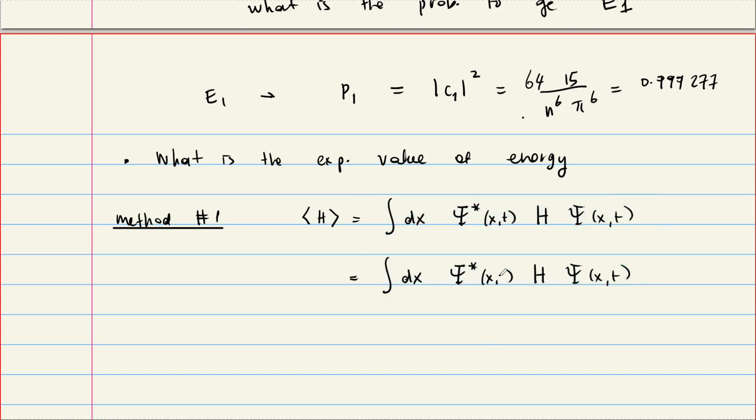So I can just put t = 0. And a second step, this function is given to us. It is like a x (a minus x), but H is also given: minus h bar squared over 2m d squared over dx squared. And I can hit this side with these derivatives, and what remains I can integrate.